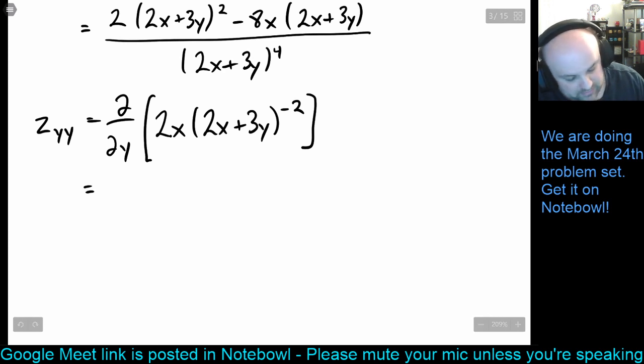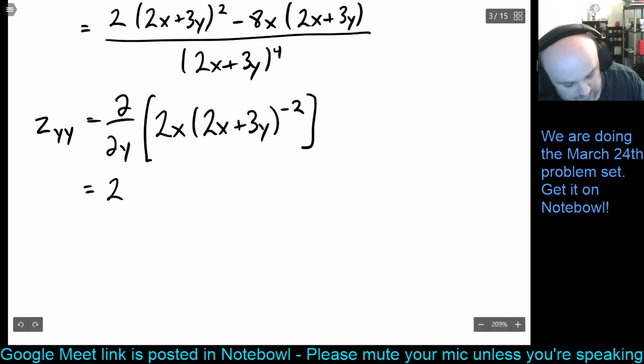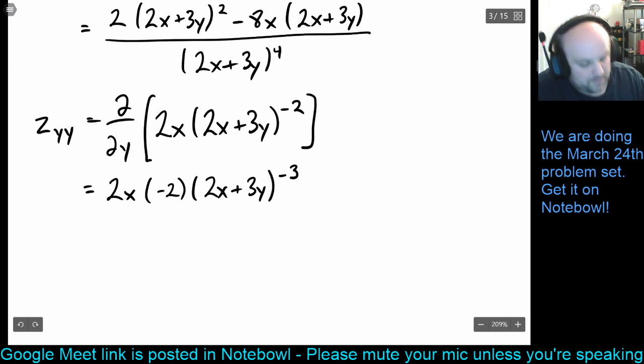So when I take this derivative, the 2x is a constant as far as this is concerned. So 2x, now here, let me do this in this order this time. I take this minus 2 down. So (2x plus 3y), right? We're just doing the power rule on this one, and then times the derivative of the inside, which in this case is 3.